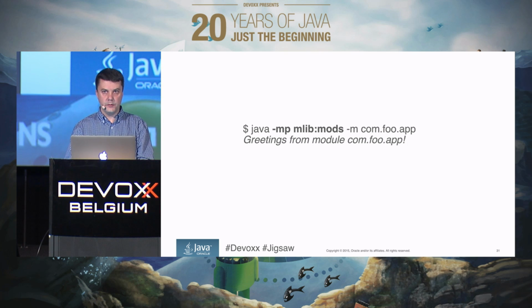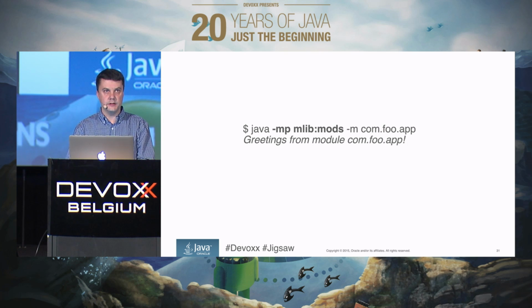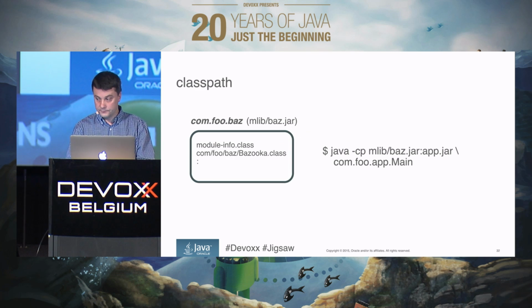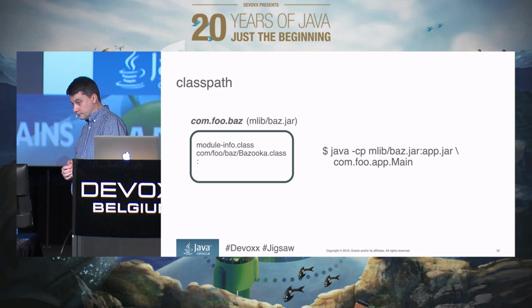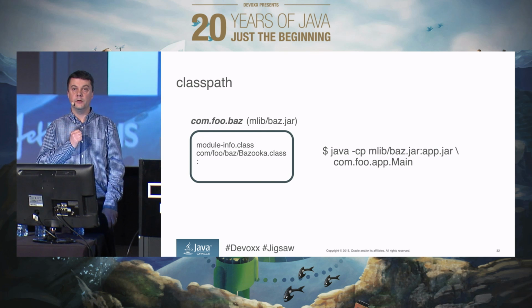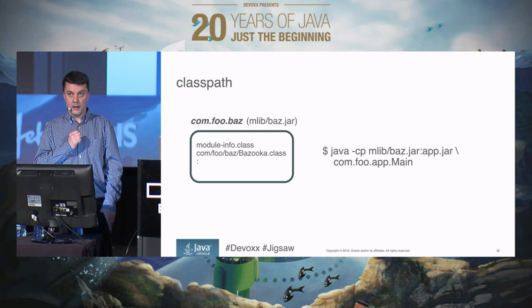I just want to say a bit more about modular jars being on the class path as regular jar files, or being modules on the module path, by showing some of the command line options. Here, let us assume that we have our base and our app as modular jars.